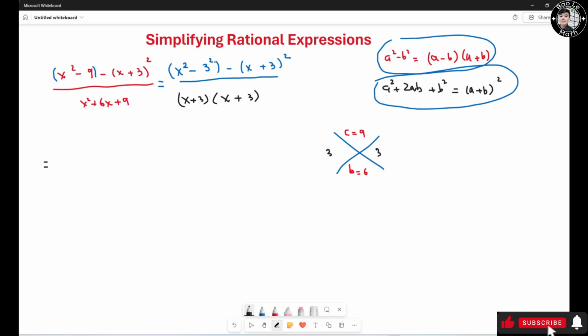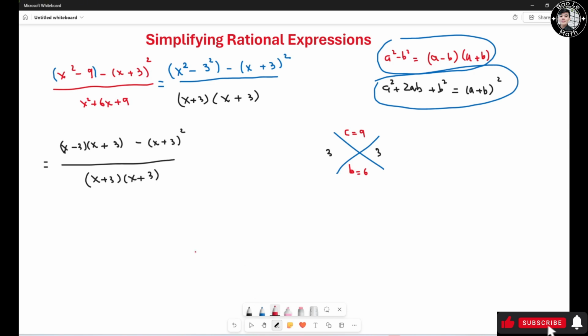I factor s squared minus 3 squared, which turns out to be s minus 3 times s plus 3. And this one I just rewrite as s plus 3 altogether squared, over s plus 3 times s plus 3.